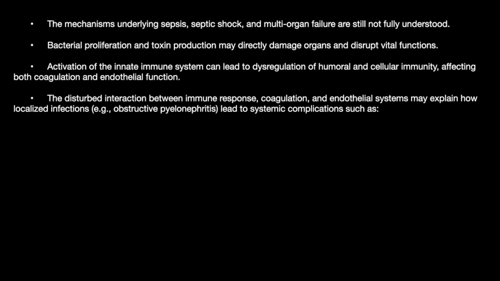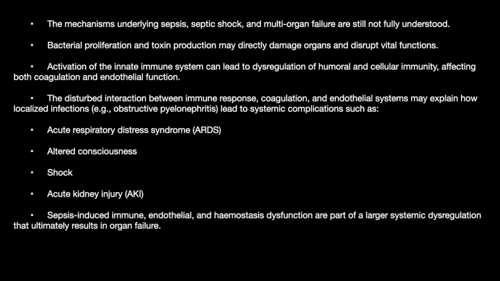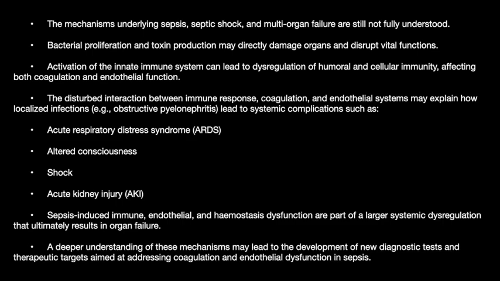The disturbed interaction between immune response, coagulation, and endothelial systems may explain how localized infections lead to systemic complications such as ARDS, altered sensorium, shock, and AKI. Sepsis-induced immune, endothelial, and hemostatic dysfunction are part of a larger systemic dysfunction that ultimately results in organ failure. A deeper understanding of this mechanism with new diagnostics, tests, and therapeutic targets may help us in better managing sepsis in the future.